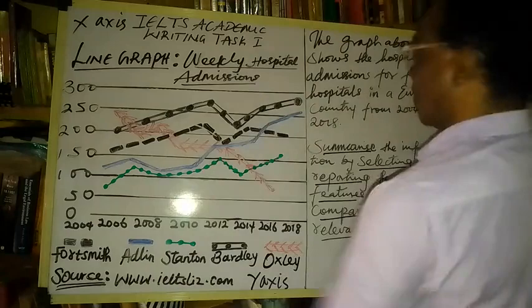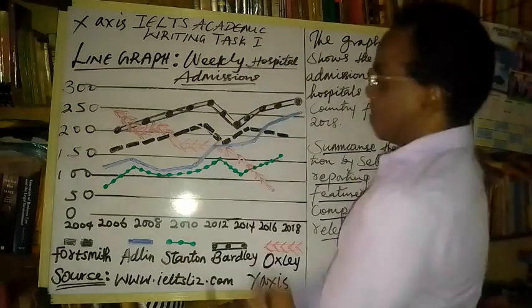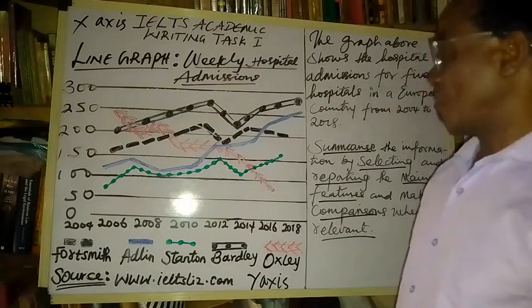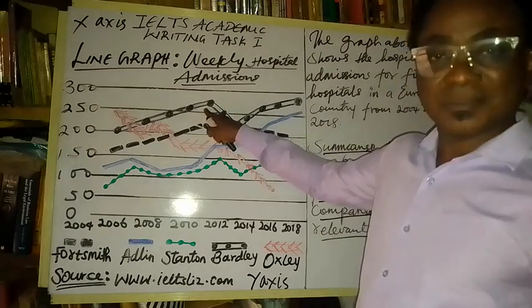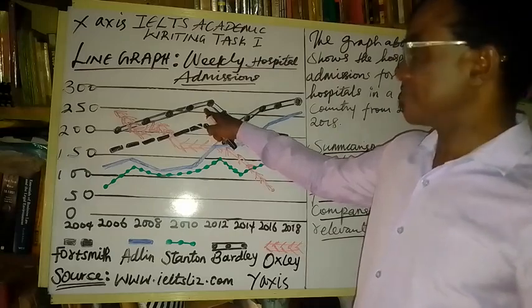First again, we take a look at the graph. At the beginning of the survey, what we can see at a glance is that Badley Hospital recorded the highest number of admissions. Good.